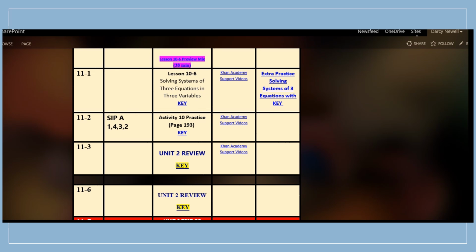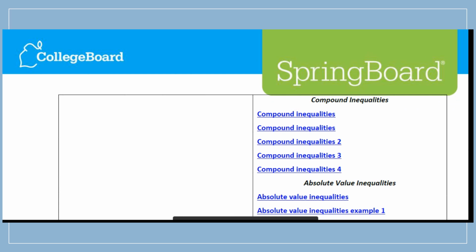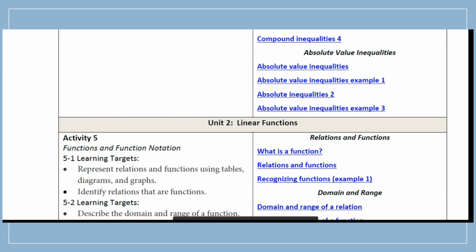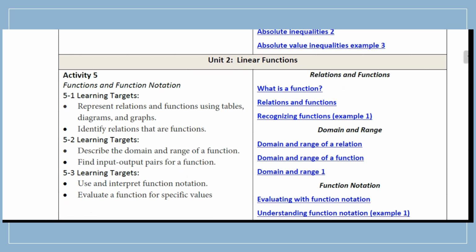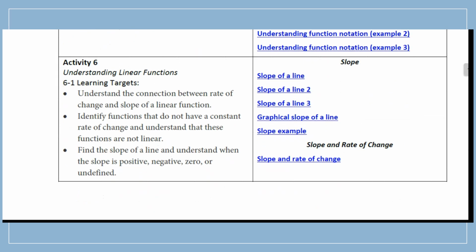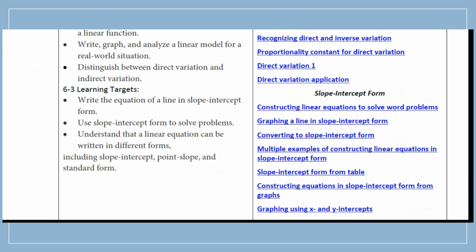Okay, so there are a couple of resources here for you. If you're looking at today's date on our class page, first of all, you see these Khan Academy support videos here. If you click that, there are videos to help you. This particular concept with equations in 3 variables is tricky. So if you scroll down, you'll see activity 5 videos, activity 6. We're on activity 10.6, right?